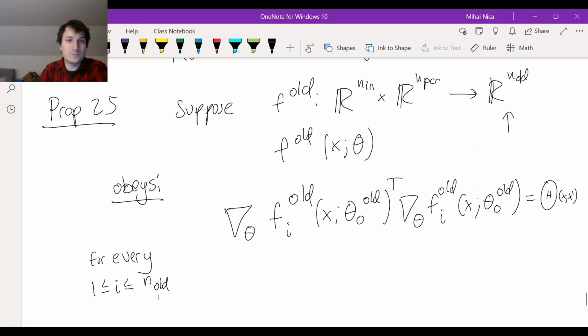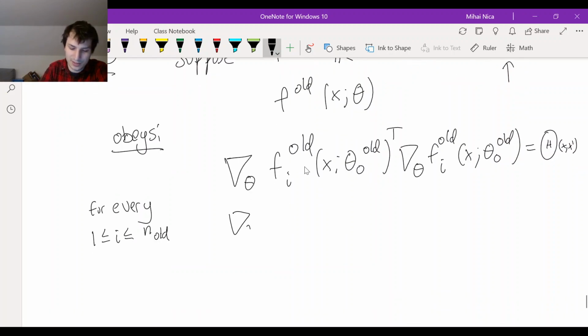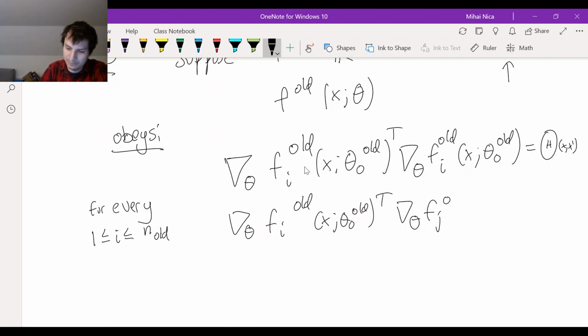And the cross components, we want them to be 0. So theta f_i old of x, theta 0 old transpose times the same thing with j is supposed to be 0 if i is not equal to j. Okay, there's an x prime missing here.